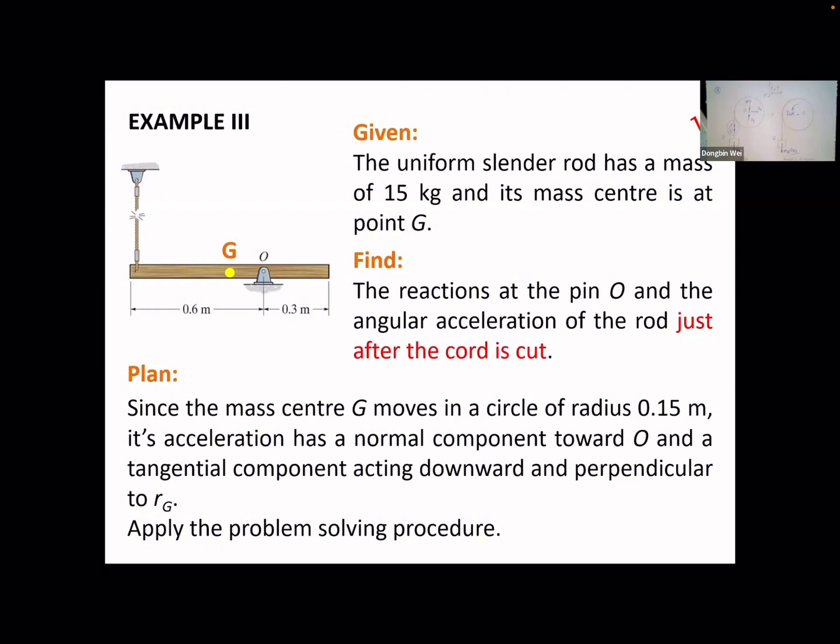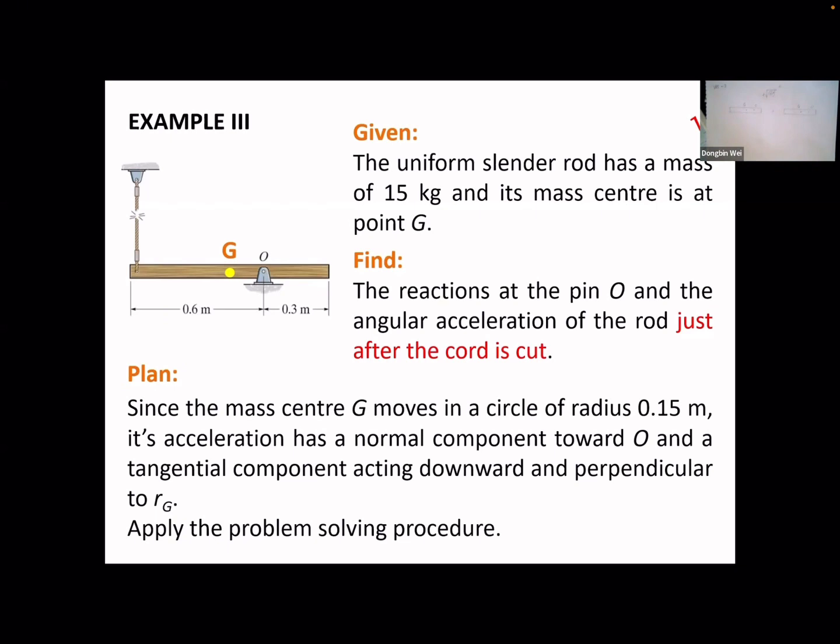So this problem is actually similar to the first example. The only difference is in that problem, it's an unbalanced flywheel, but in this one here, it's a slant row.